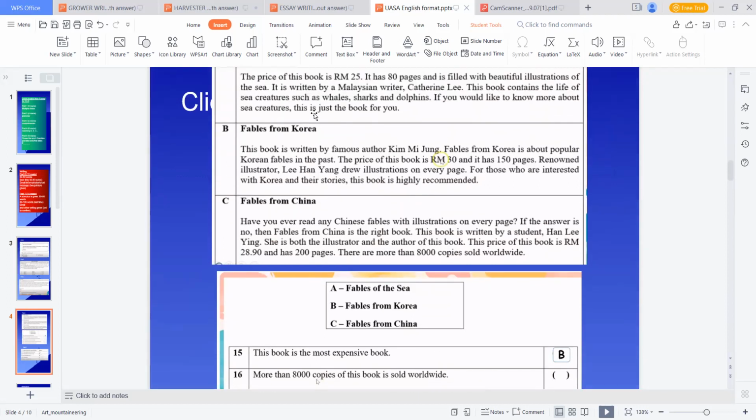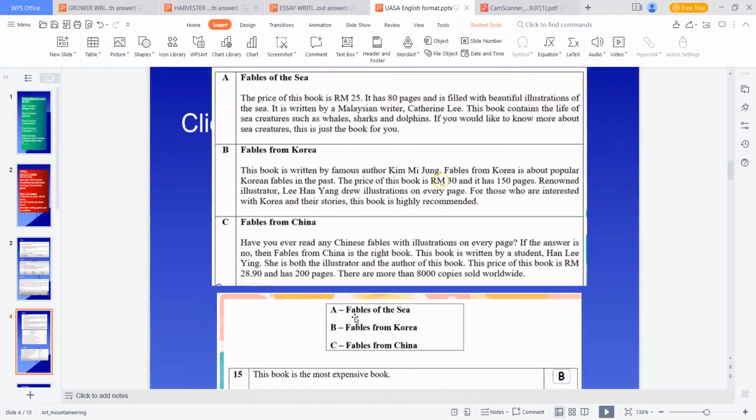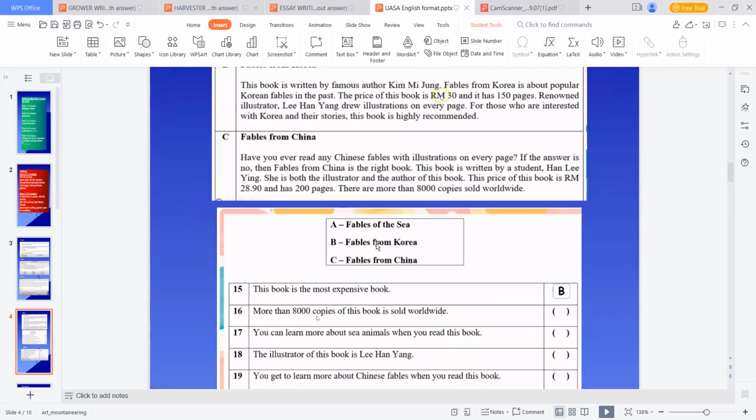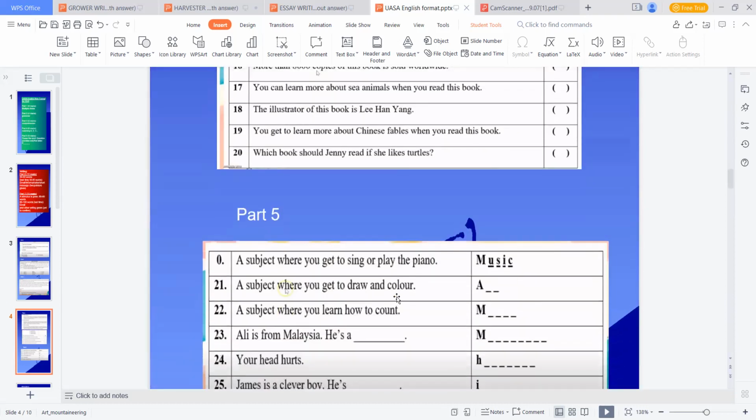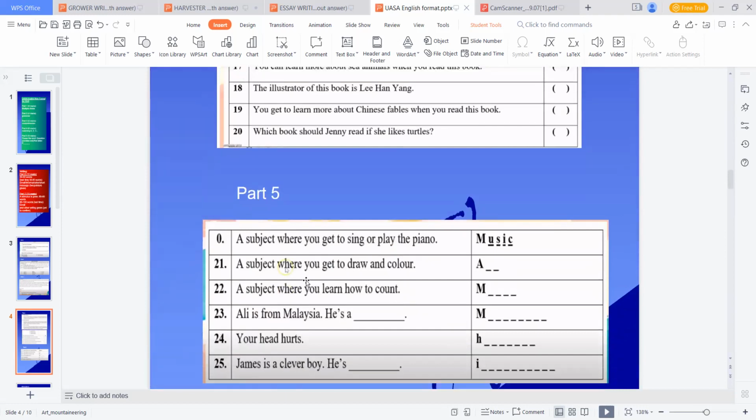So it's like a matching. Part 5 will be guessing the words. Definitions will be given, and the first letter will be given as well. Students have to guess what word this is.